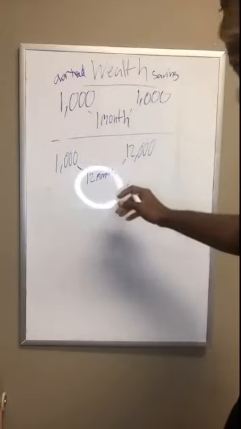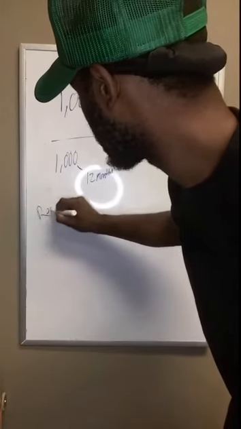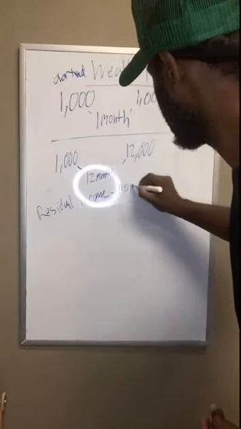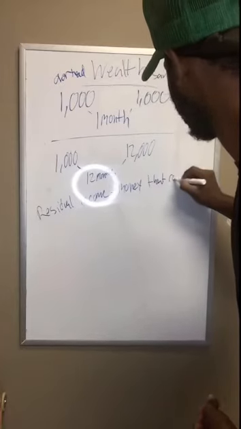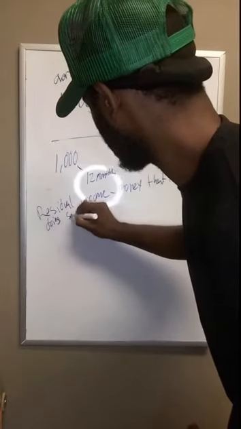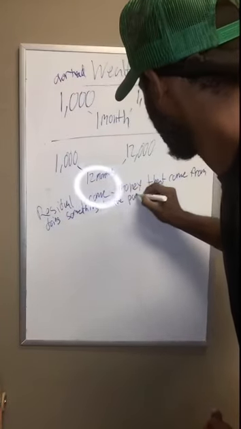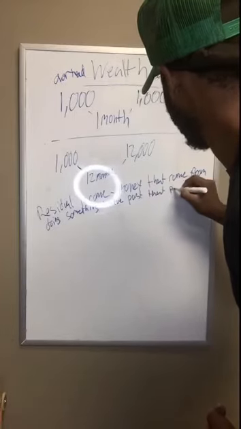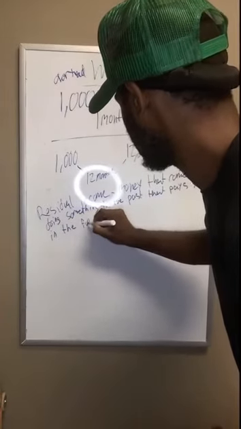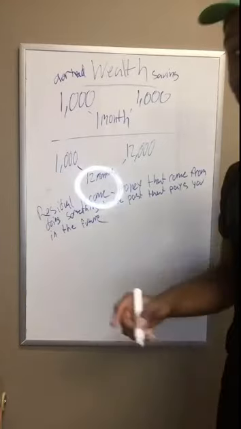The people that actually get to live this wealthy lifestyle are the business owners, those who use something called residual income, which is money that comes from doing something in the past that pays you in the future. Boom. Right?